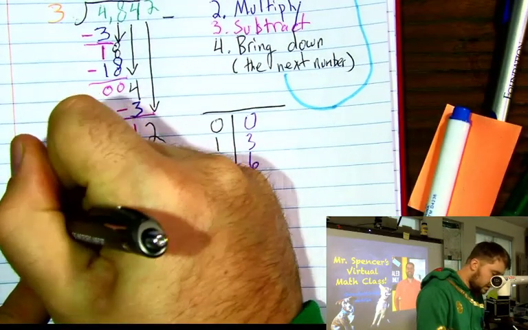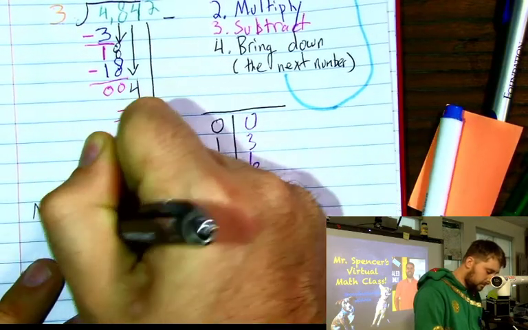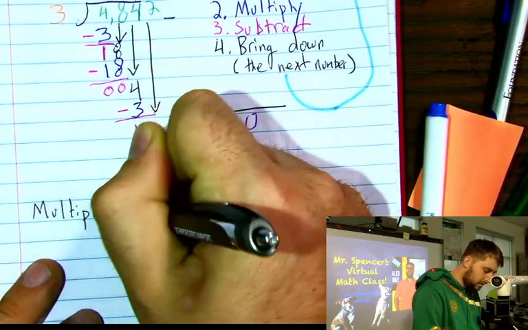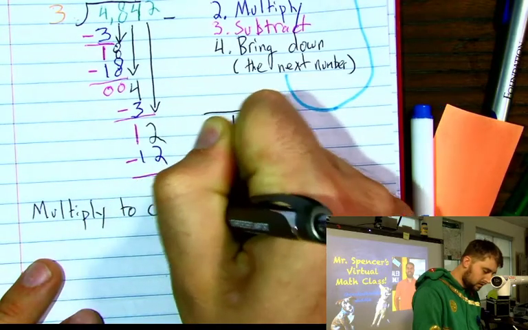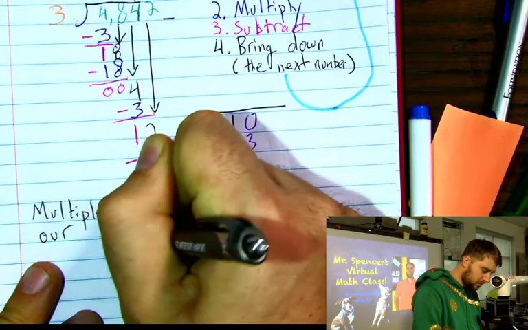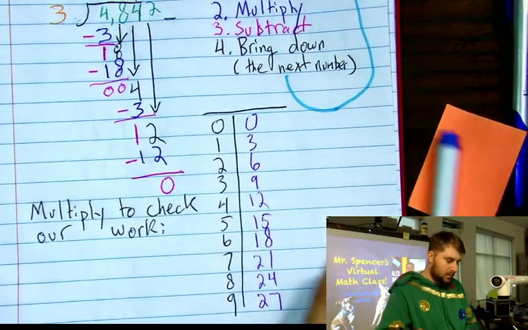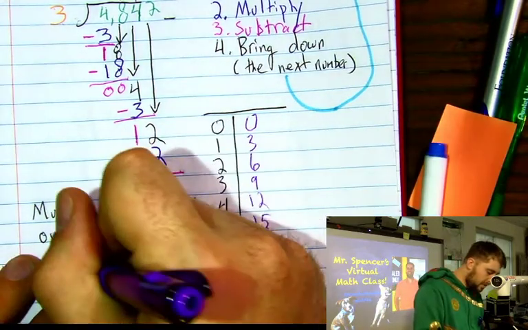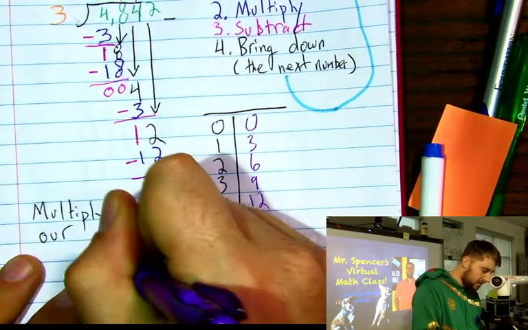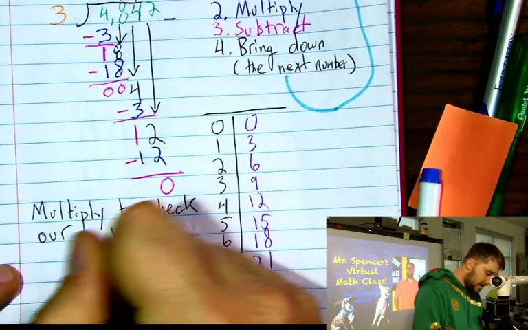So we can multiply to check our work. So we're going to take our answer, 1,614, and we are going to multiply it by 3.